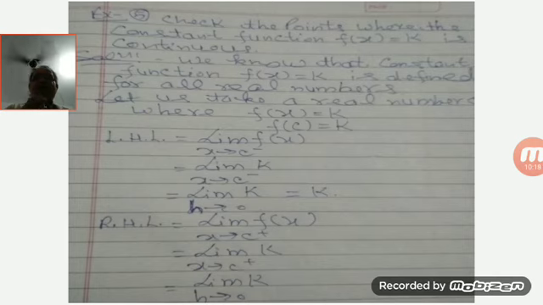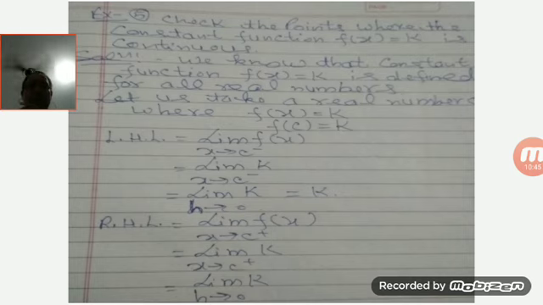Now the left hand limit. Left hand limit is equal to the limit of f of x, x tends to c minus. So limit of k, x tends to c minus. So we can write limit of k when h tends to 0 is equal to k. Now we can see what is the value of the right hand limit. Right hand limit is equal to the limit of f of x, x tends to c plus, equal to limit of k, x tends to c plus.